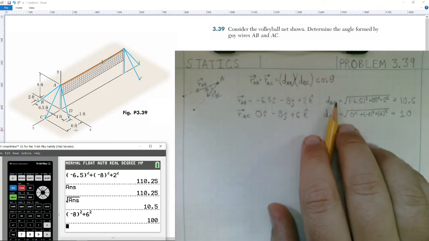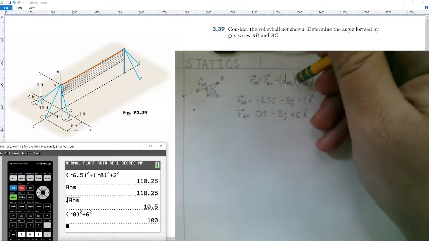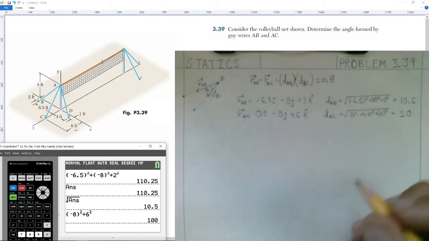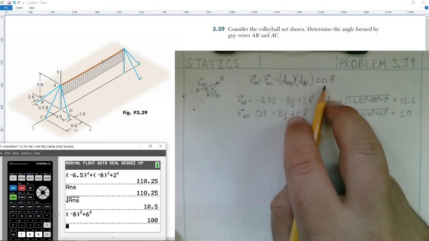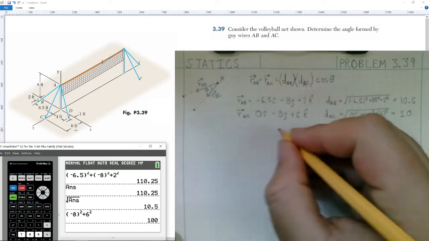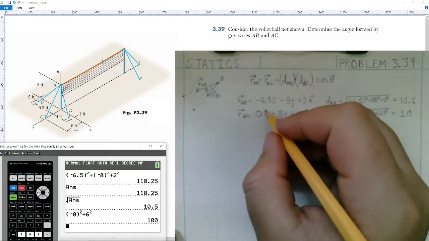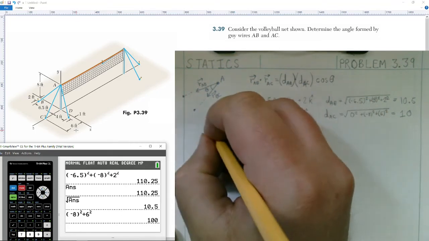We have our distance values, the magnitudes of the position vectors A to B and A to C. We can now solve for the cosine of theta by doing a little bit of algebra. So substituting these values in, if we were to do the dot product here, we'd have negative 6.5 times 0, which is 0.